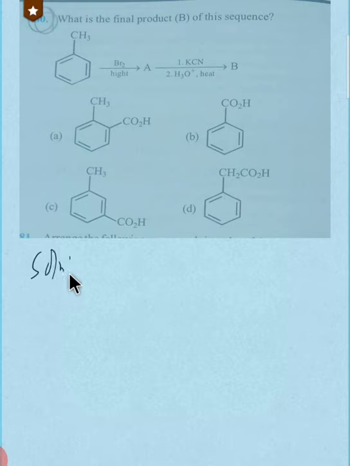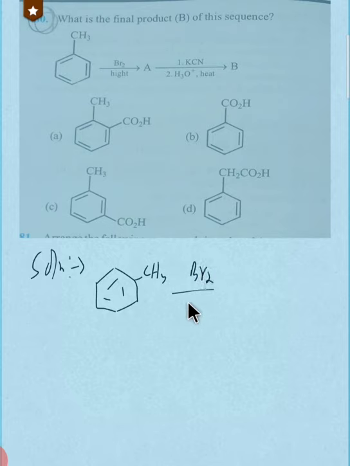So now let me solve this question. This is our toluene, and this is reacted with Br2 in presence of light. So free radical substitution by bromine will take place at the benzyl carbon atom.